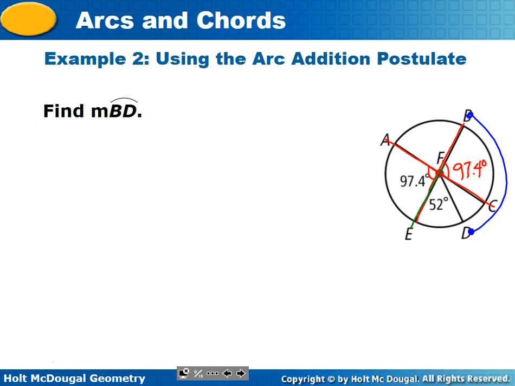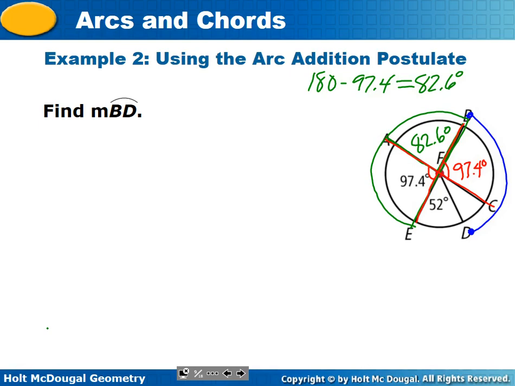So that means I should be able to find AFB, this angle right here, by subtracting 97.4 from 180. So I'm going to do 180 minus 97.4, and that is equal to 82.6.